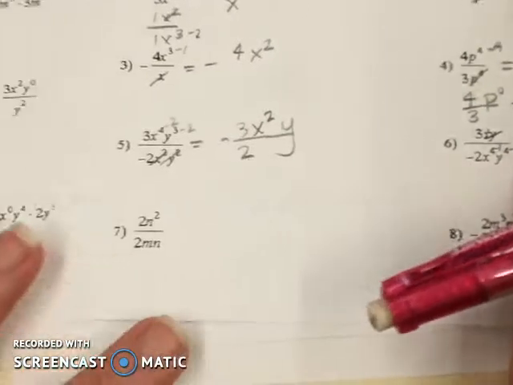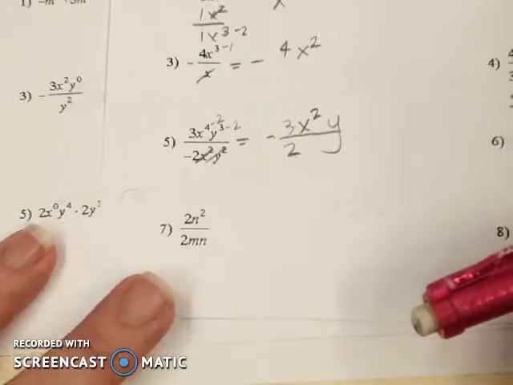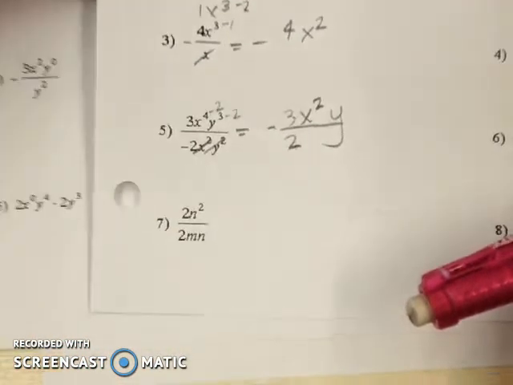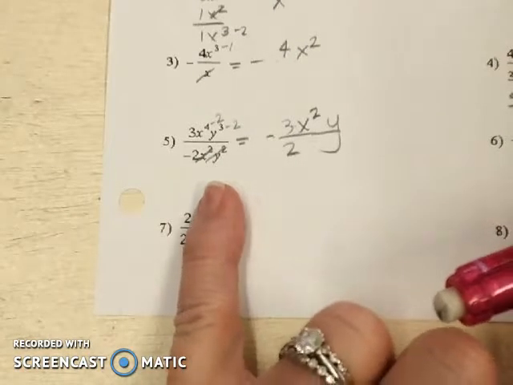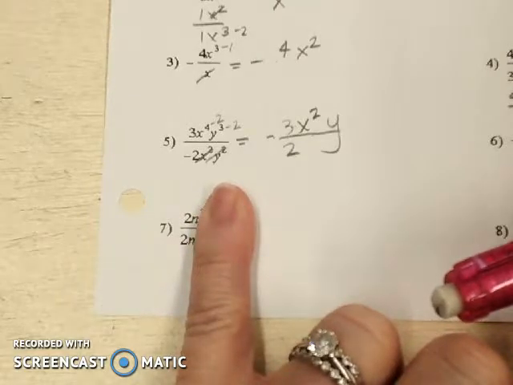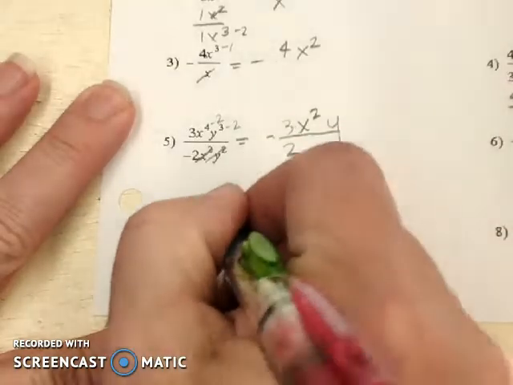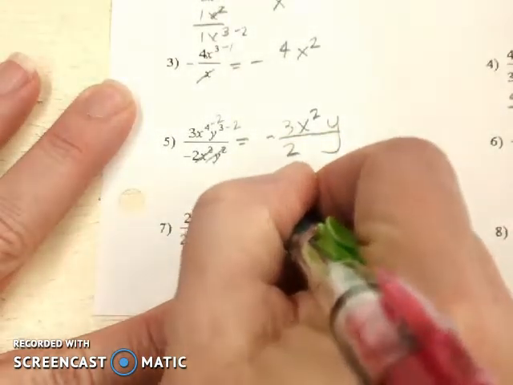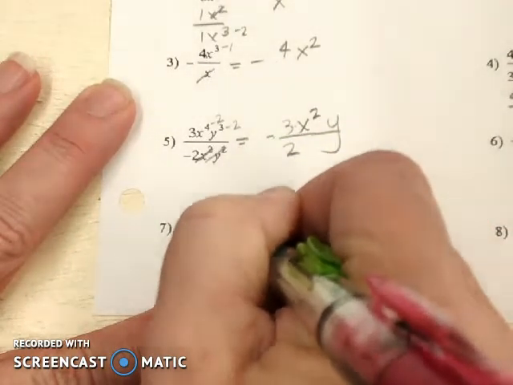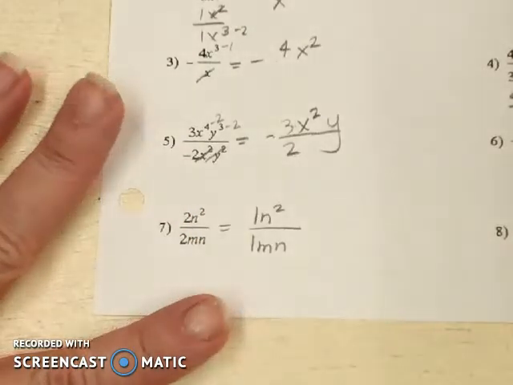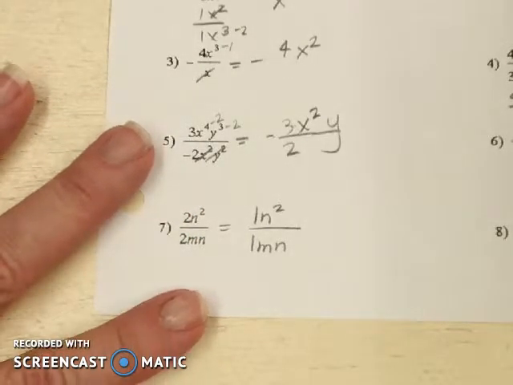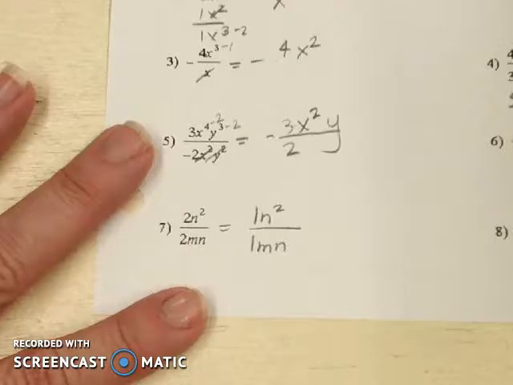Number 7, I've got 2n squared over 2mn. Well, that's what I just was talking about a second ago. 2 over 2, 2 divided by 2 is 1. So I'm going to do the technical thing here. I've got 1n squared over 1mn. So now I've got those n squared and n.